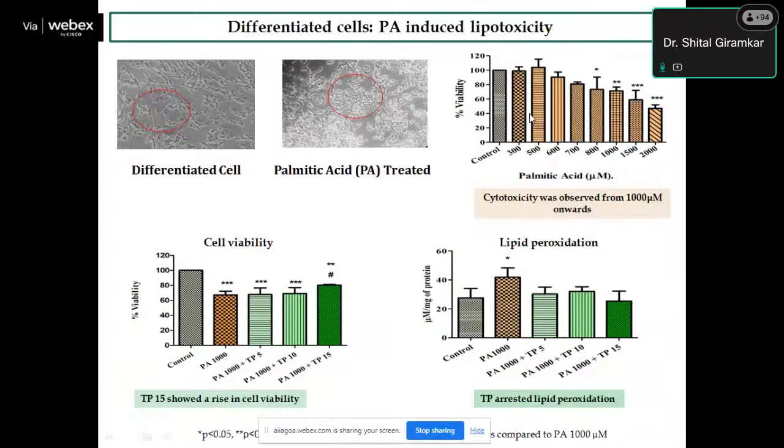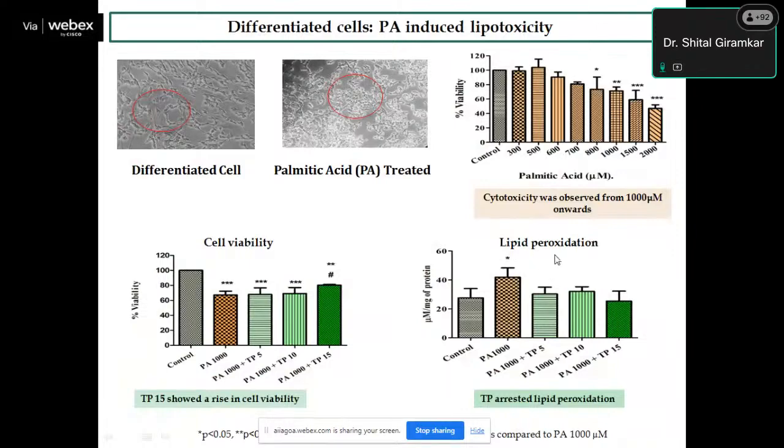In case of cell viability, it was observed that palmitic acid was cytotoxic from 1000 micromolar concentration onwards, and when cells were treated with palmitic acid along with safe concentrations of AAA, that is 10 and 15 microgram per ml, the highest concentration of AAA showed a rise in cell viability.